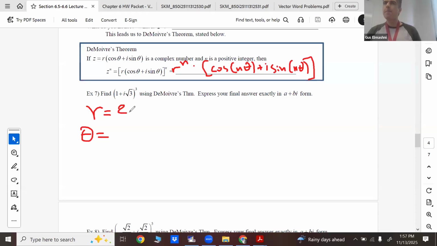What's theta? r is the square root of a squared plus b squared, same thing as absolute z. Pi over 3. Yep, theta is pi over 3. Tangent of theta is just b over a, correct. And you're in Q1, guys. A and B are both positive.